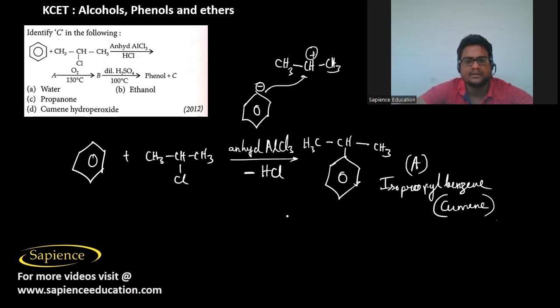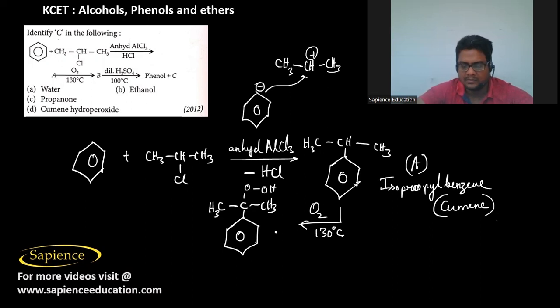And then it reacts with oxygen at 130 degrees Celsius to produce the compound B. When it reacts with oxygen, a peroxide will be formed, which is called cumene hydroperoxide, the compound B here.